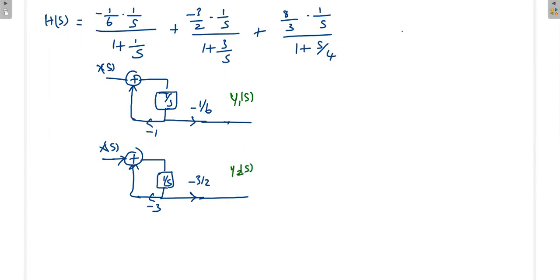Similarly, you have to realize this also. Again, same X(s), add here, then use one integrator, close the loop with the coefficient of... I think here we have written wrongly, something is wrong here.